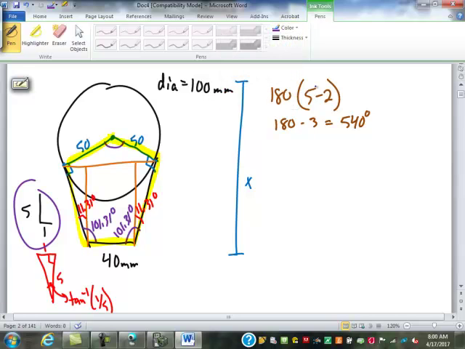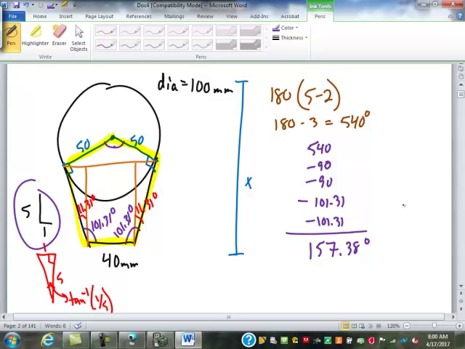Which makes this angle up here, if I do 540 minus 90 minus another 90, minus 101.31 minus 101.31, I am going to get 157.38, I believe. So that's this angle up here.